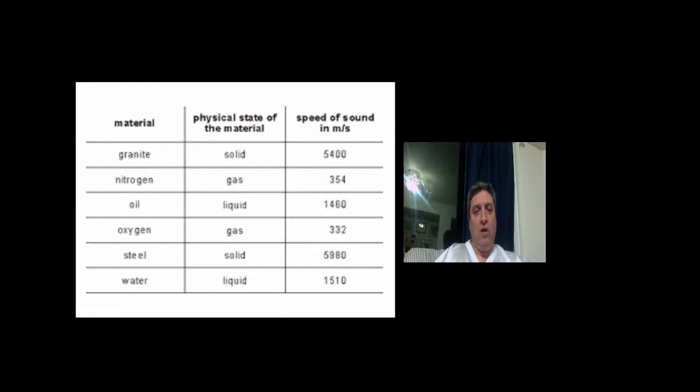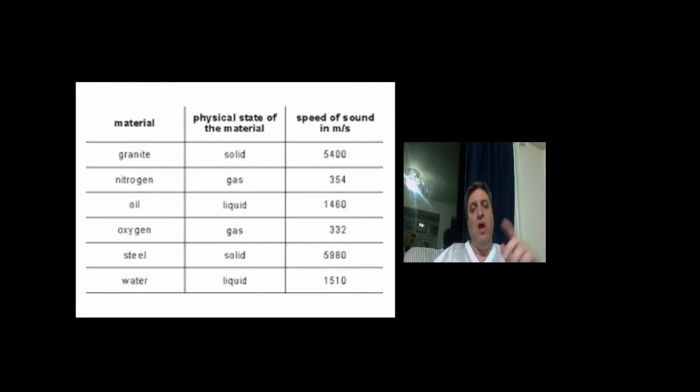The closer those are together, the faster it will travel. So granite and steel go much faster than oil and water, and oil and water go much faster than oxygen and nitrogen, which are much slower because their molecules are much farther apart.